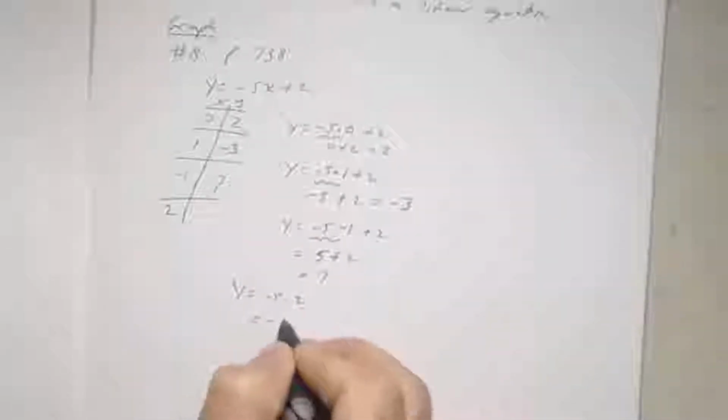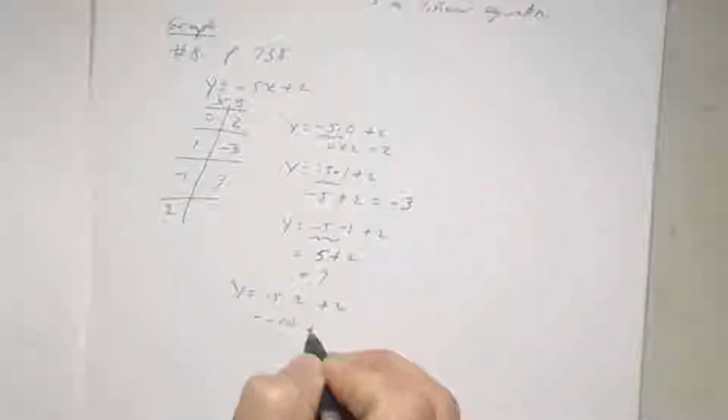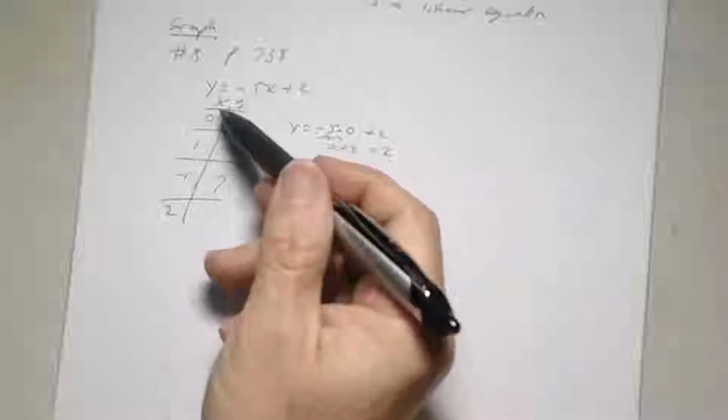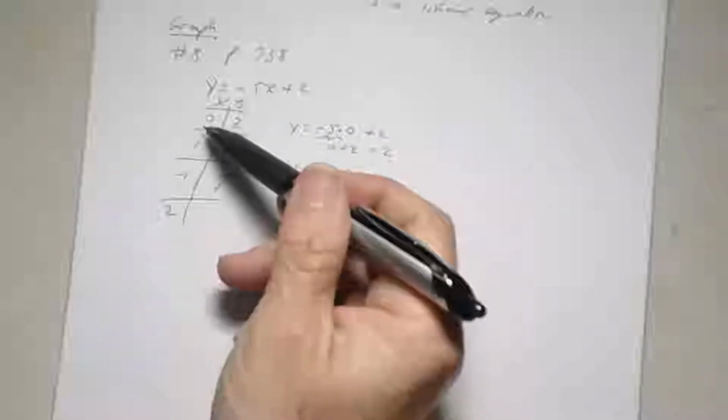Negative 10. And negative 10 plus 2 is negative 8. And it still fits in there, right? So there are a bunch of things. Now always use integers. Don't use decimals here, because then you have to approximate where it is on the grid. So every time you did this, you always used an integer: 0, 1, 2, 3, negative 1, negative 2, negative 3, and so on.